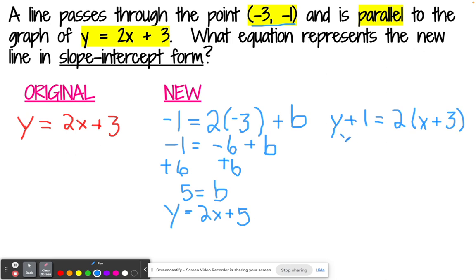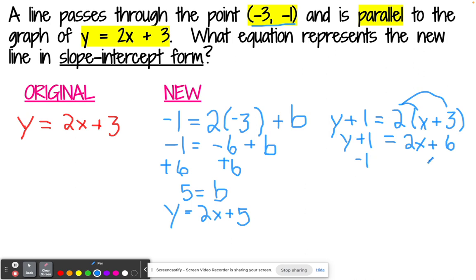Would end up with y plus 1 equals 2x plus 6 once I distribute. And then multiply 2 times x and 2 times 3. 2x plus 6. And my last step would be just to subtract 1 from both sides.